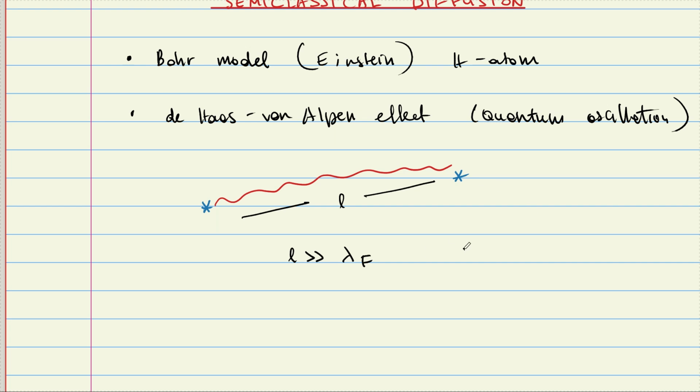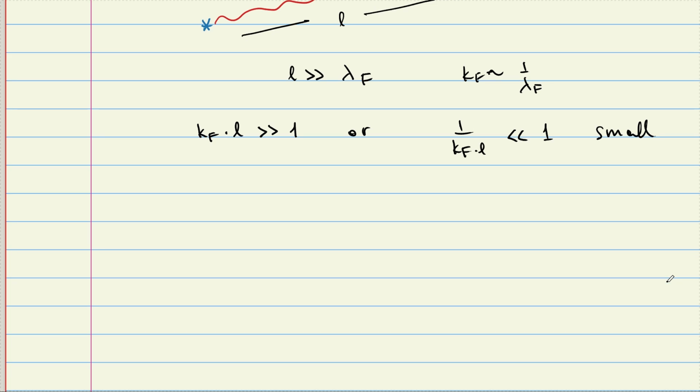This means k Fermi is something like 1 over lambda Fermi. In this limit, k Fermi times L is much bigger than 1, or 1 over k Fermi times L is the small parameter of the problem. And when we have a small parameter, that's a good thing because we can expand in it. And that's the semi-classical limit.